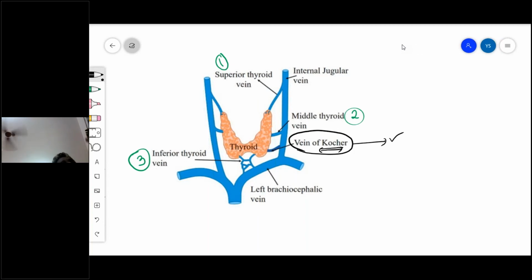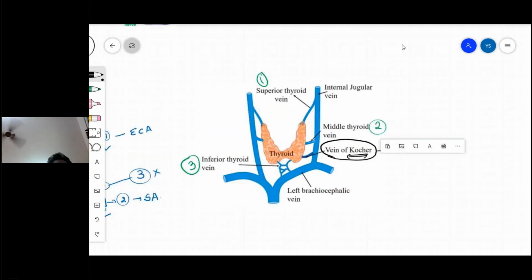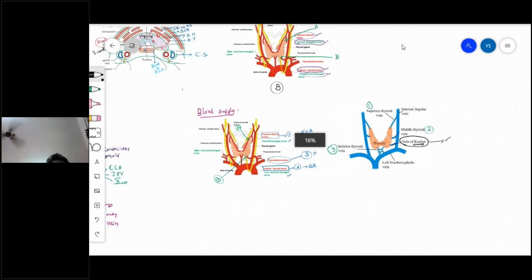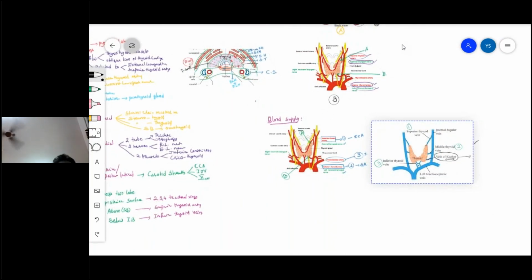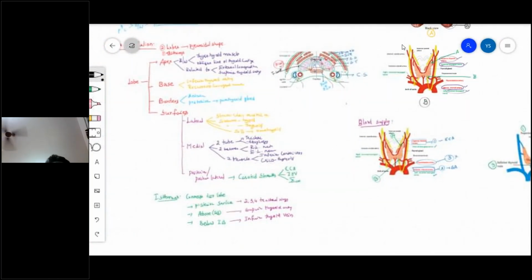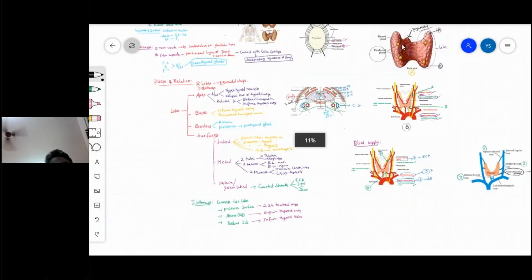So mainly branches come from the middle cervical ganglion of the cervical part of the sympathetic trunk. That is the nerve supply. And lymphatic drainage, you know it: cervical lymph nodes. So this is about the thyroid gland. Briefly, I explained the thyroid gland quickly, and these notes are good enough for you.